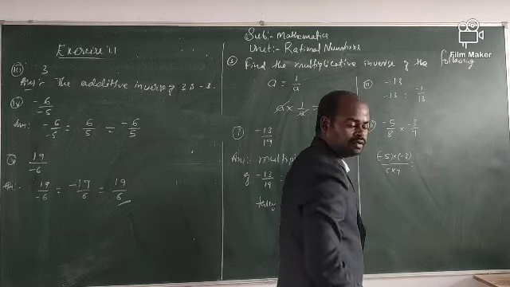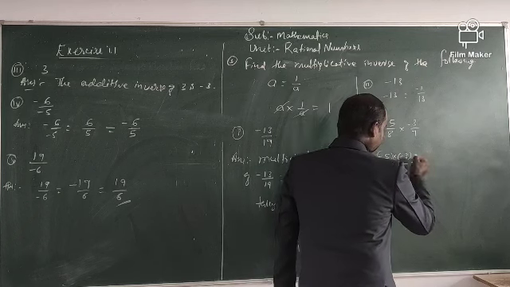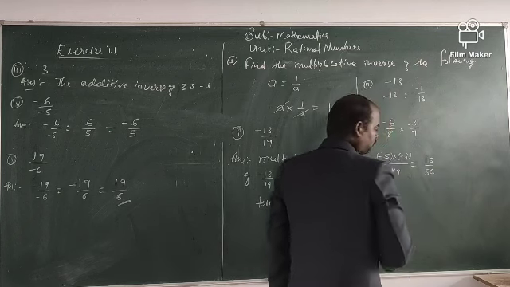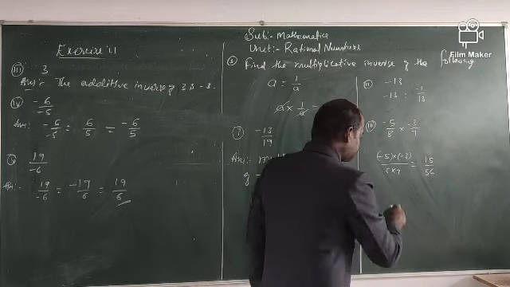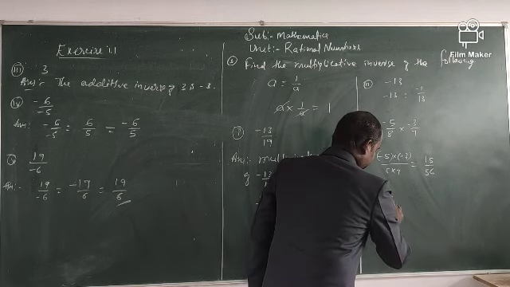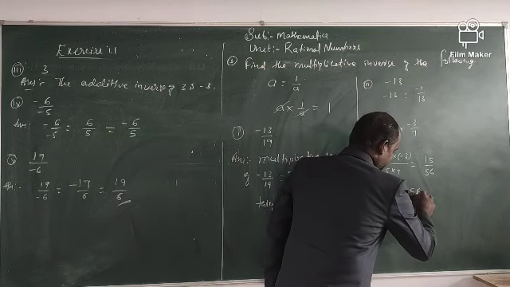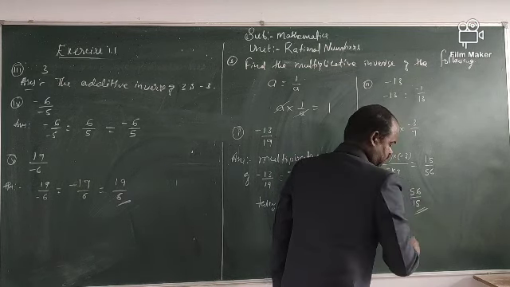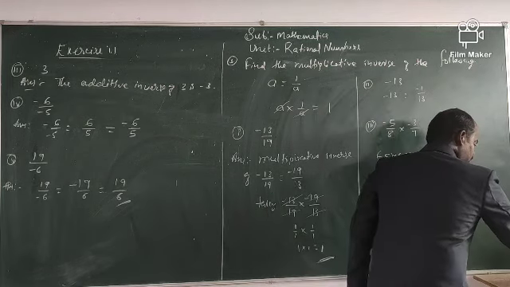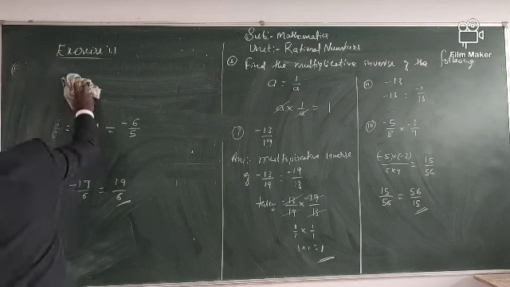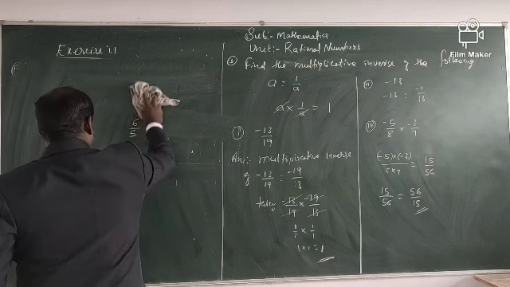Minus into minus is plus, 5 threes are 15, 8 sevens are 56. Therefore, we have to write the multiplicative inverse of 15 by 56, which is 56 by 15. Understand?